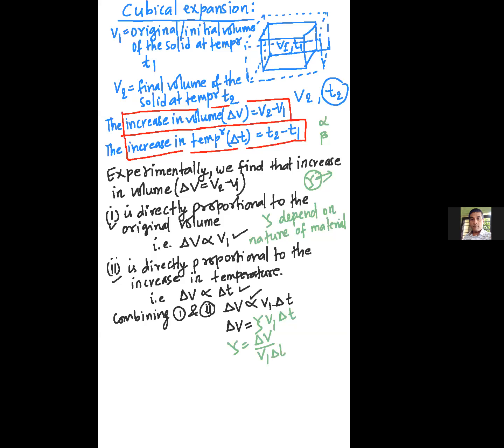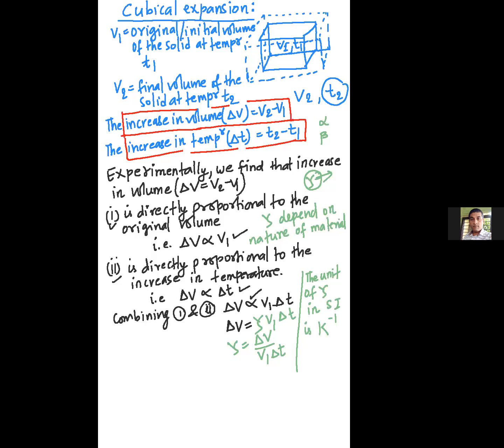Now what we find is that the unit of volume in the numerator and denominator cancel, so the unit of gamma in SI is per Kelvin. Clear, sir? In SI, the unit is per Kelvin.